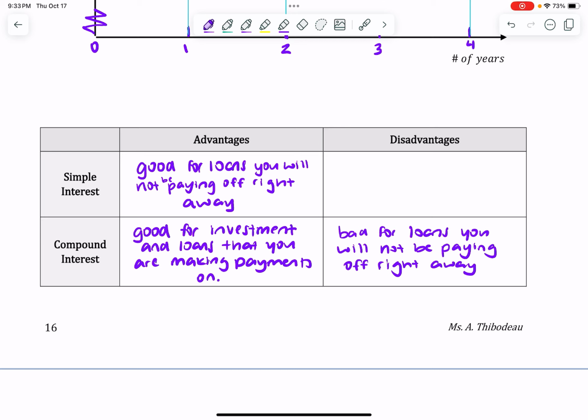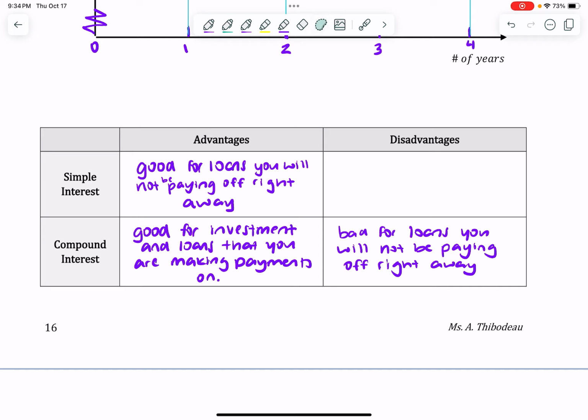But when we're talking about compound interest for loans, as you're paying it off, your loan gets smaller, which means you're being charged interest on a smaller amount rather than always that original larger amount. And because when you have a loan, paying interest is not ideal, you want to be paying the least amount of interest possible. So I want to be charged interest on a smaller amount rather than a larger amount.